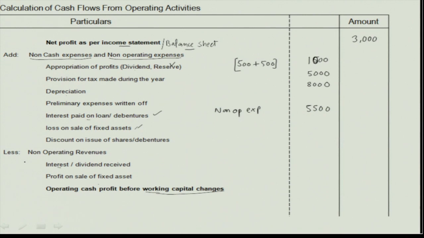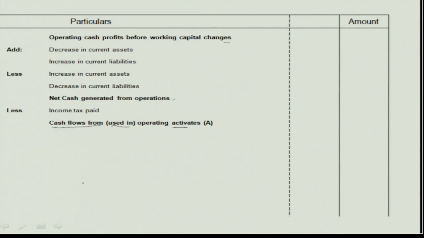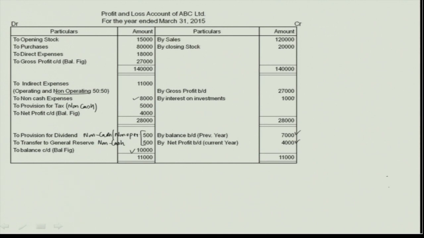After this, we need to adjust this figure for any non-operating revenues earned by the business, which may include interest or dividend received or any profit on the sale of fixed asset. So let's go to income statement and identify if there is any item of non-operating revenue. So we see here there is 1,000 which is interest on investment, and because this is an investment income, this is not the operating income.